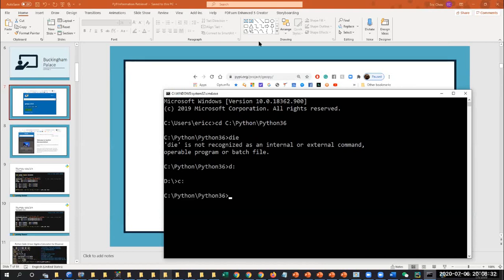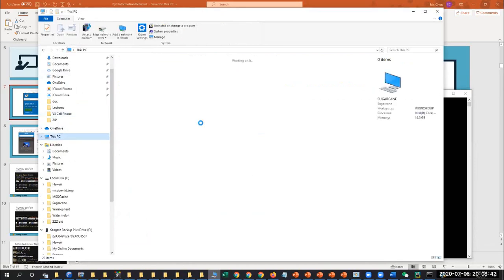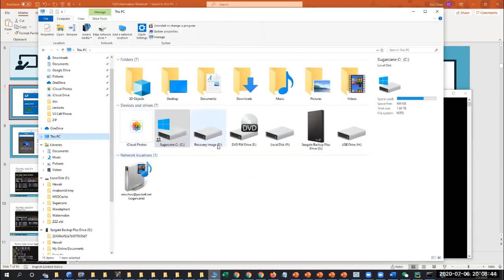So basically, these are the file systems. Your computer may have multiple hard drives. Okay, let's check again. Here I have this PC. When I go to the PC, actually I have C drive, D drive, E drive, F drive, G drive, H drive. The F drive, today I'm going to retire it.